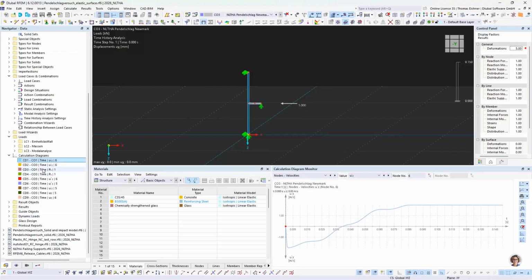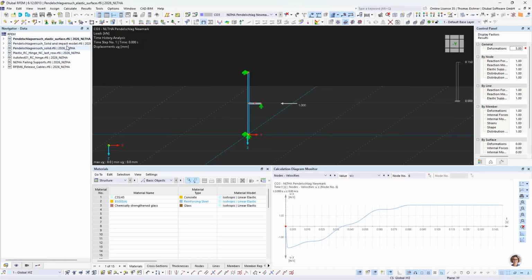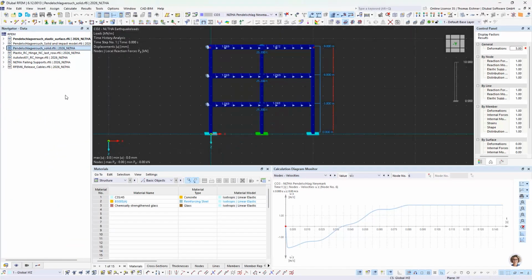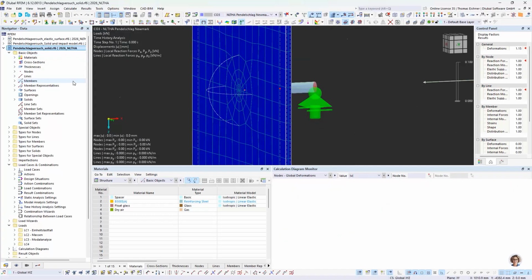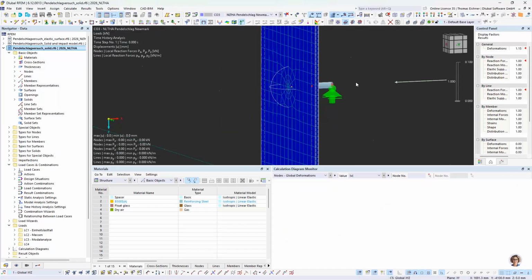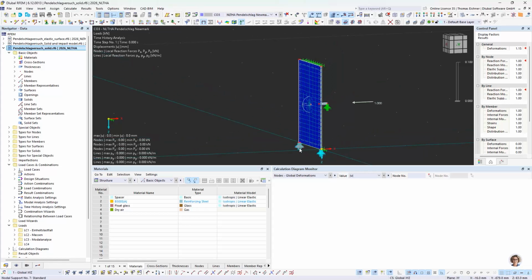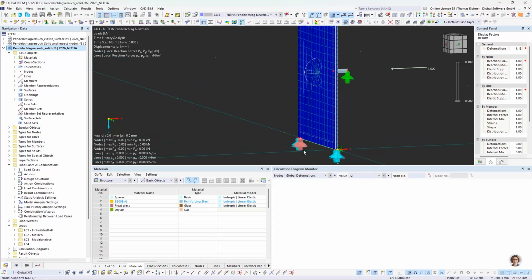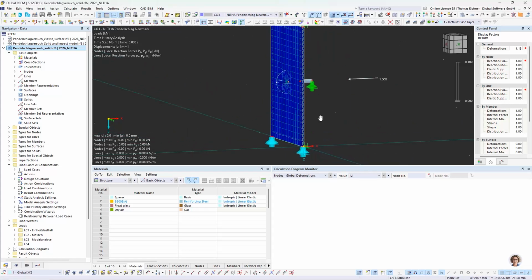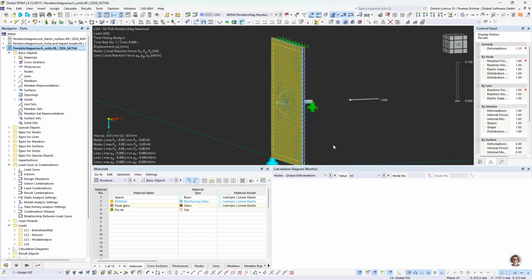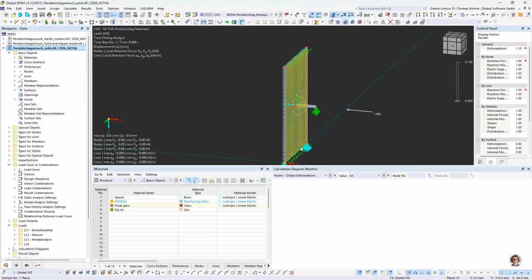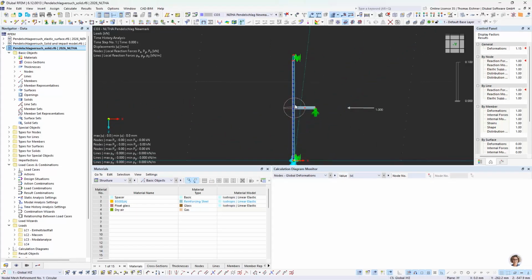So let's jump to the next model. It's the same model, but it's cooler. Now on that model, what we did is we included, in that case, double glass surfaces on both sides, and in the middle we have air as a solid.